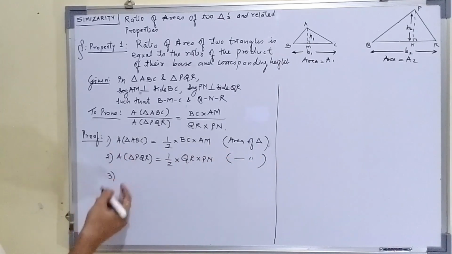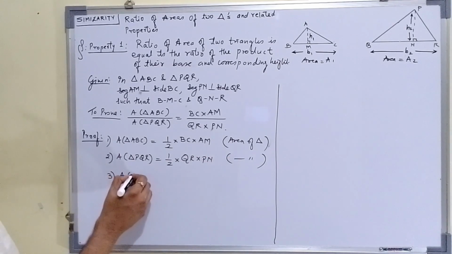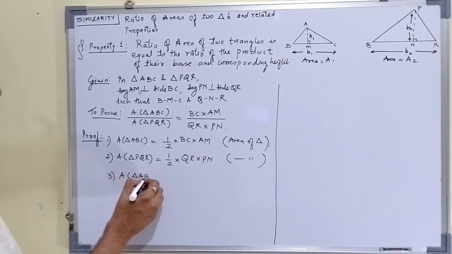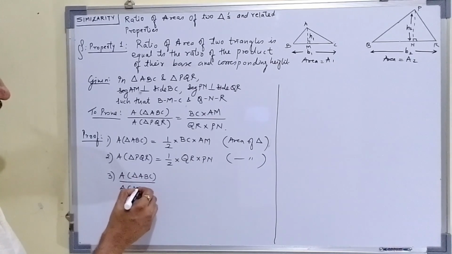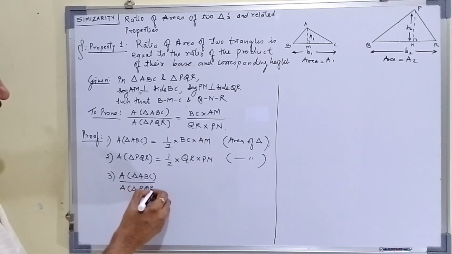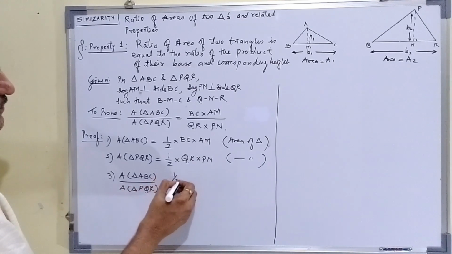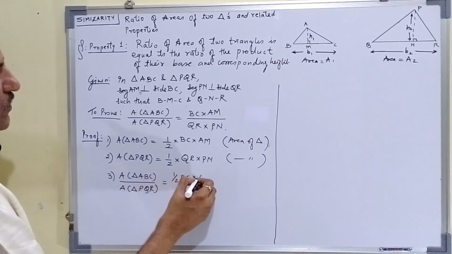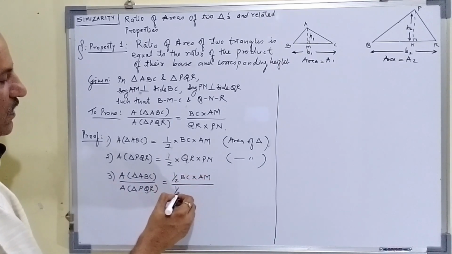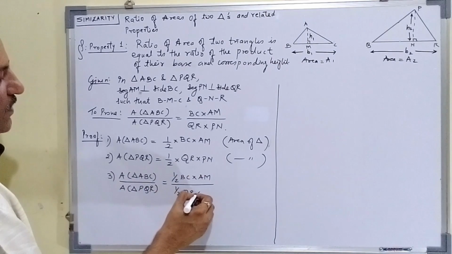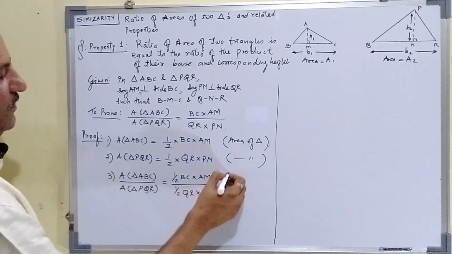Statement number 3. Take the ratio of these two triangles: area of triangle ABC upon area of triangle PQR equals half BC into AM upon half QR into PN.